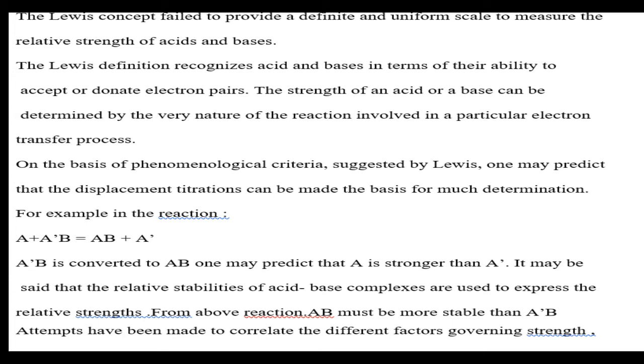So here A dash B is converted to AB. One may predict that A is stronger than A dash. It may be said that the relative stabilities of acid-base complexes are used to express the relative strengths. From the above reaction, we conclude that AB must be more stable than A dash B.